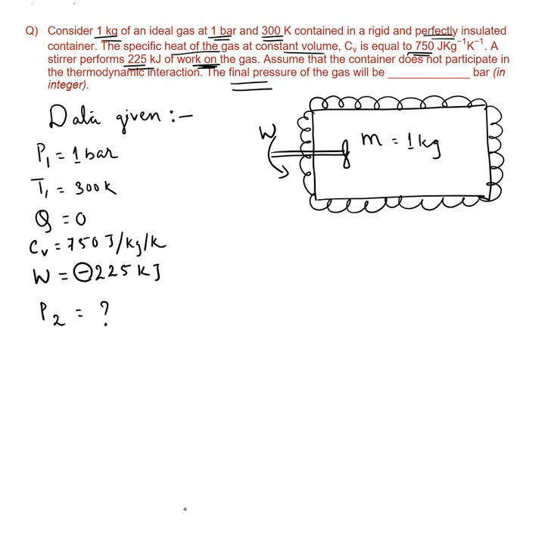Now we have to find the relations by which we get the magnitude of P2. As this is a case of ideal gas, let's consider the ideal gas equation. The ideal gas equation is PV equal to mRT. Here in this question, it is given that volume is constant, and the mass within this volume is constant.